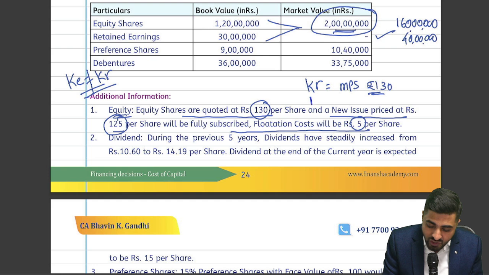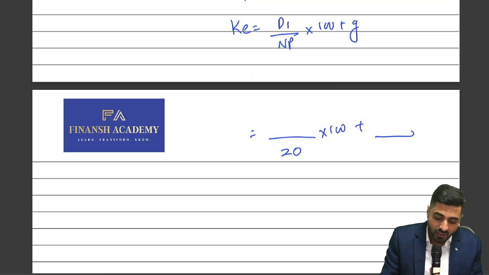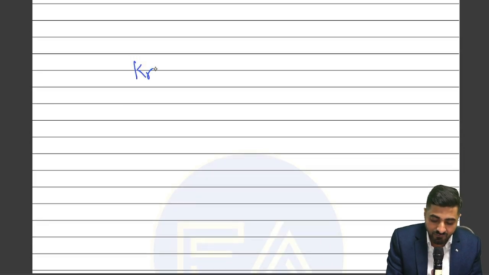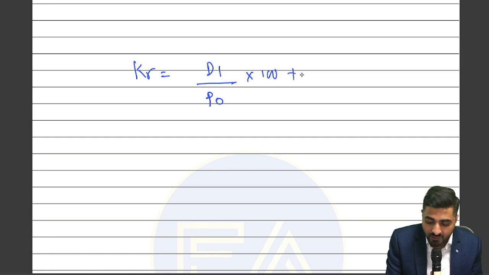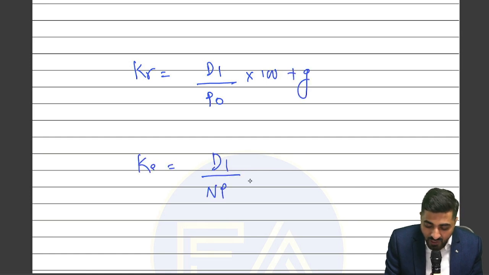But for calculation of KE, can I say from 125, 5 rupees will be subtracted. So what will be my net proceeds, beta? 120 rupees. How do you calculate KR? Everyone, formula. D1 upon P0 into 100 plus G. How do you calculate KE, beta? D1 upon net proceeds into 100 plus G.